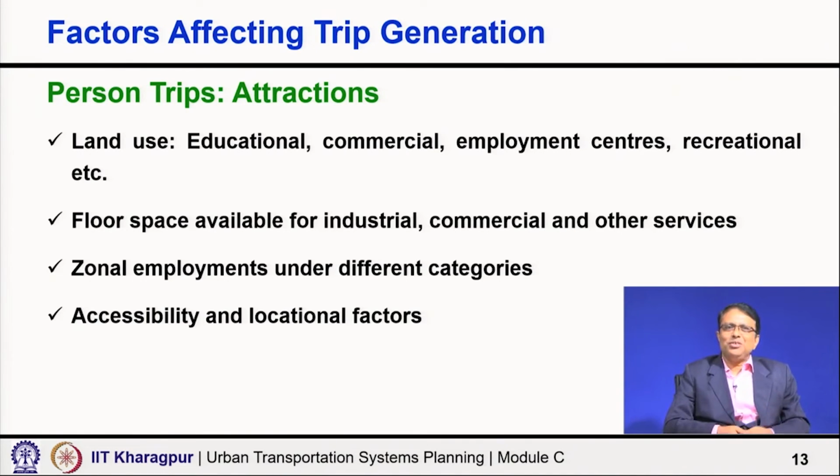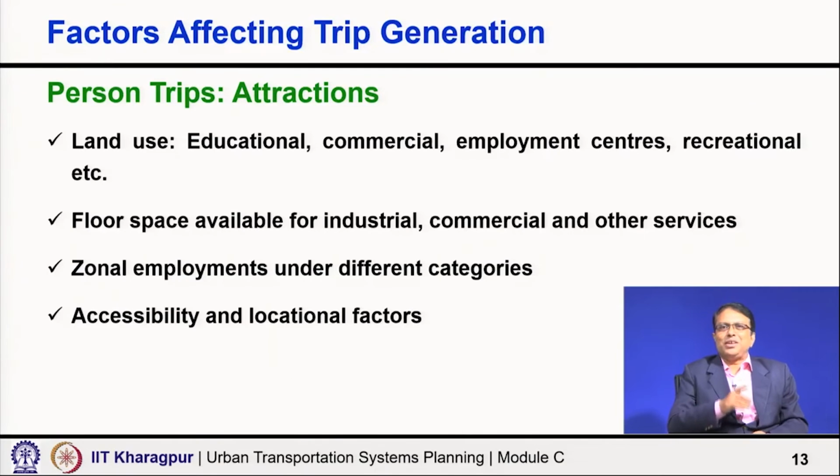Again here, also accessibility and locational factors. We said in the earlier discussion in lecture 1 under this module that locational factors are important. A shopping complex located in the heart of the CBD with wider roads and footpaths and enough parking space, very well planned, and one in a suburb where 2 vehicles cannot go side by side, the attractions are not going to be the same.